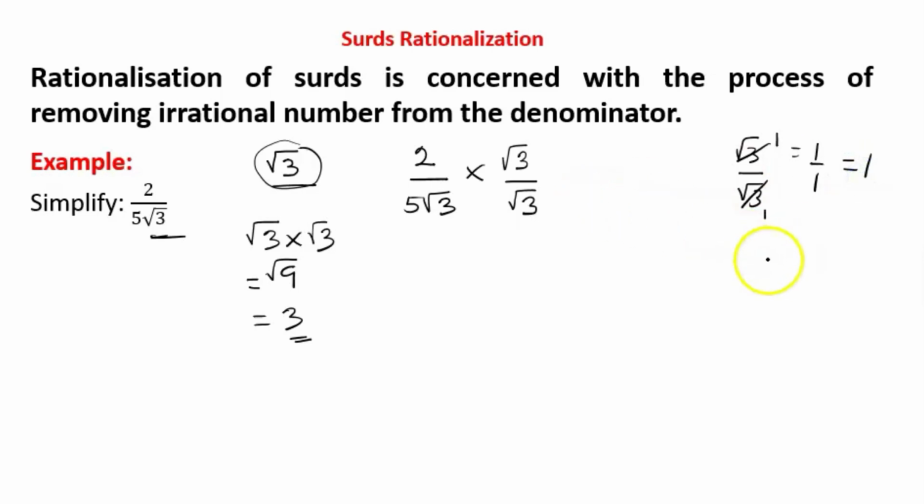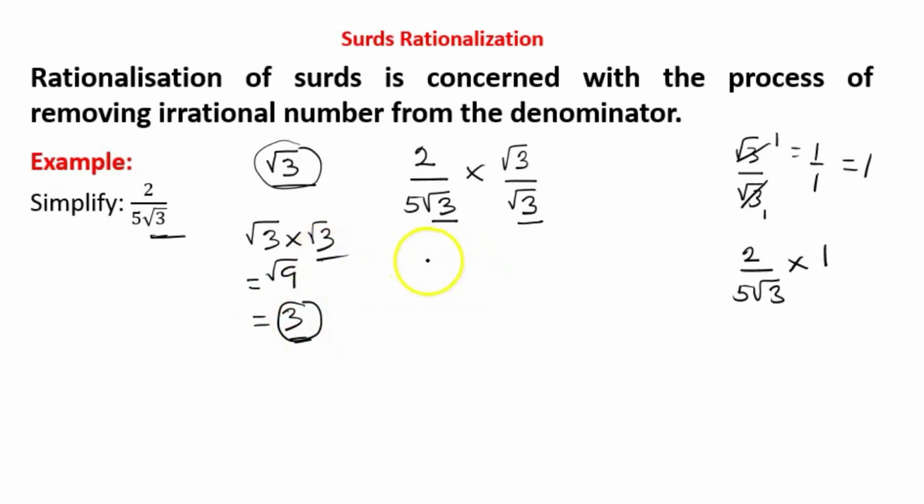So it's like you are saying 2 over 5 root 3 multiplied by 1. But you have a target. Your target is to eliminate this.